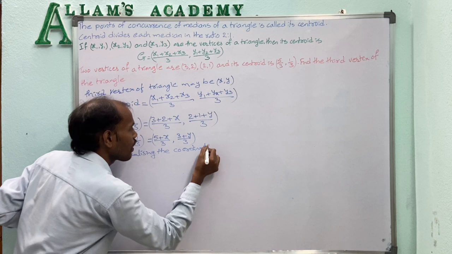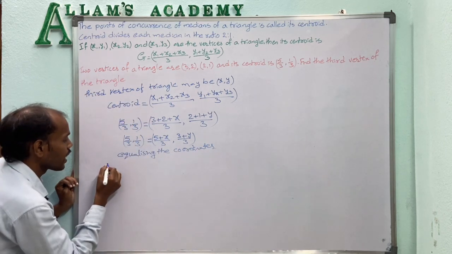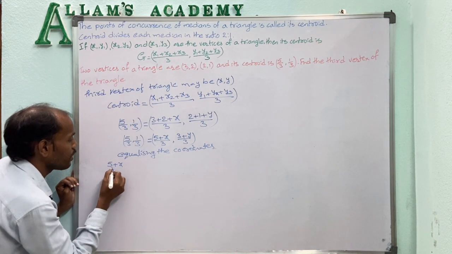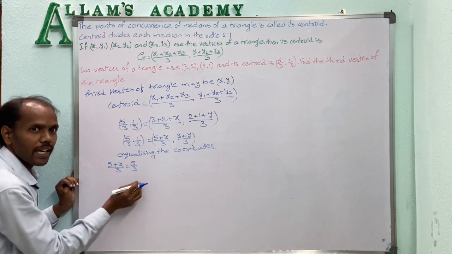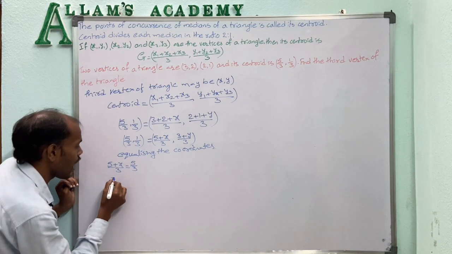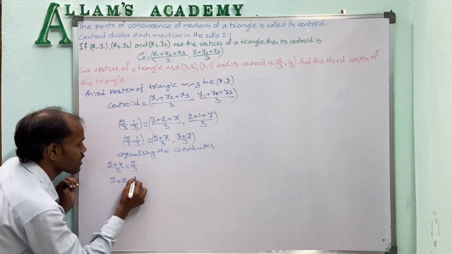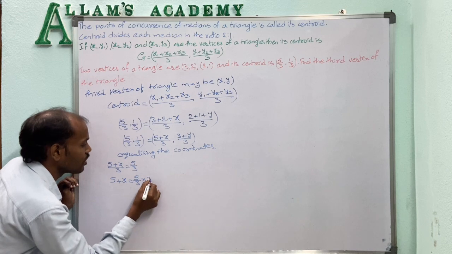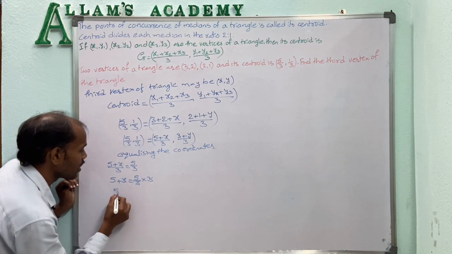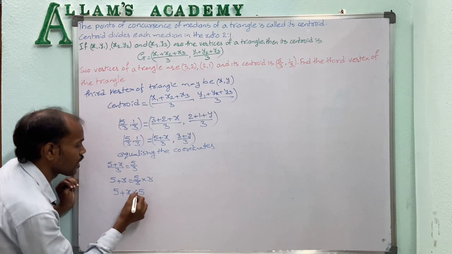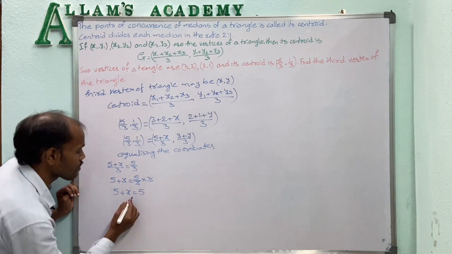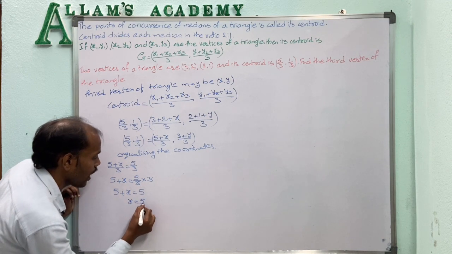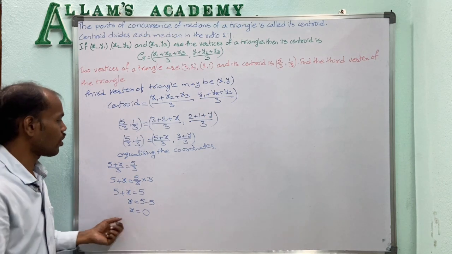Now equalizing the x coordinates, that is the abscissa, (5 + x)/3 is equal to 5/3. Now the denominator 3 on the LHS transfers to the RHS, so 5 + x is equal to 5/3 into 3, the 3 gets cancelled. So 5 + x is equal to 5. Now this +5 on the LHS transfers to the RHS as -5. 5 - 5 is equal to 0. So the x coordinate is 0.